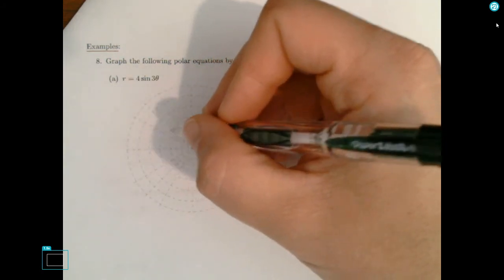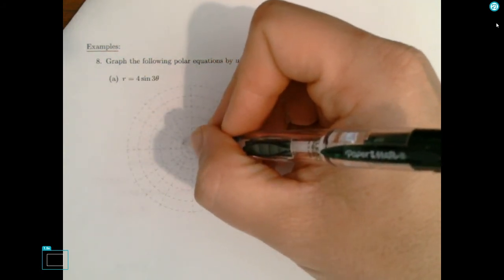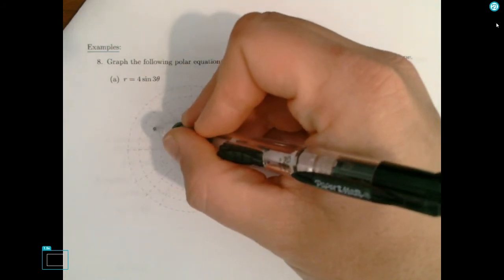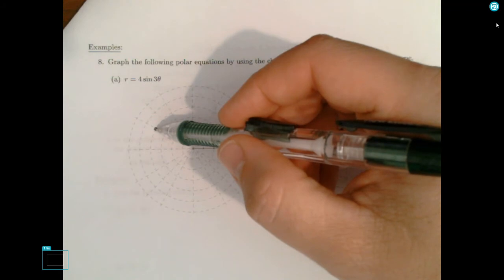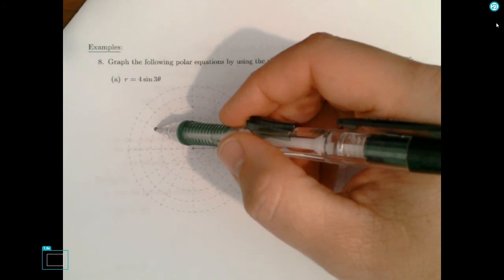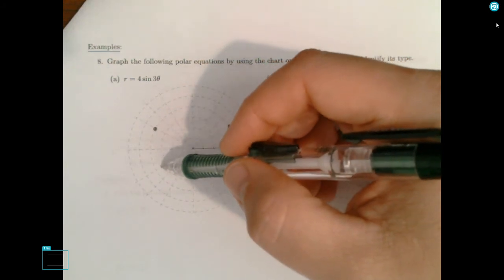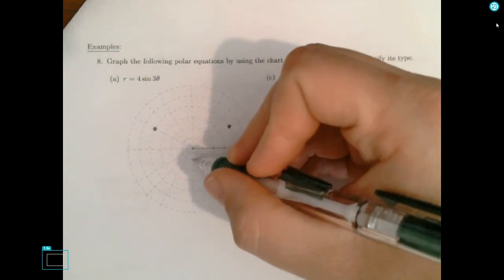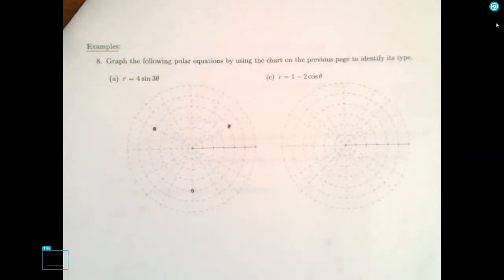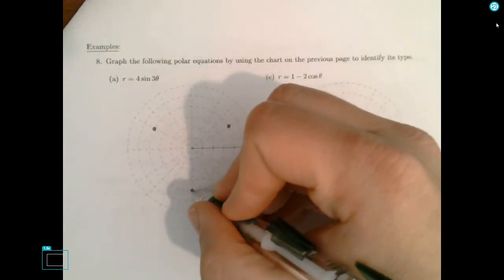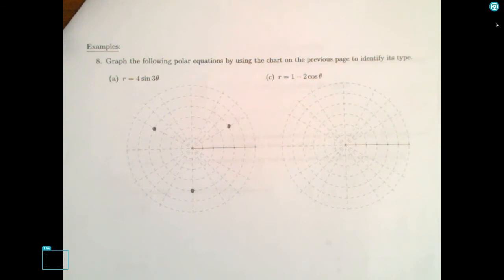That puts me right here. 1, 2, 3, 4. And then if I add another 4 pi over 6 to 5 pi over 6, I get 1, 2, 3, 4 right there. And so that's what it's going to look like more or less.